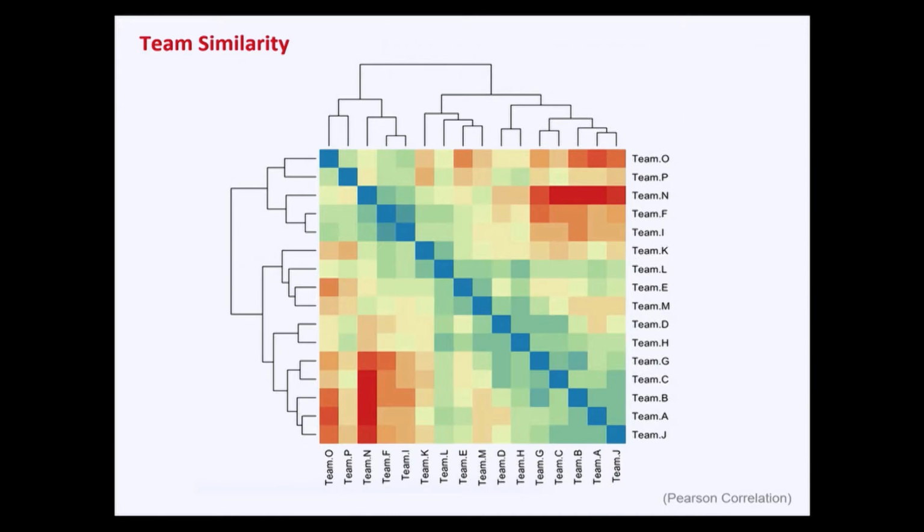matrix of each team. You'll notice some clustering between certain teams. I'm missing a legend here, but the blue is a correlation of 1, and red I think is a 0. So say I am Team J and I'm looking for a player who plays in a similar system to me.